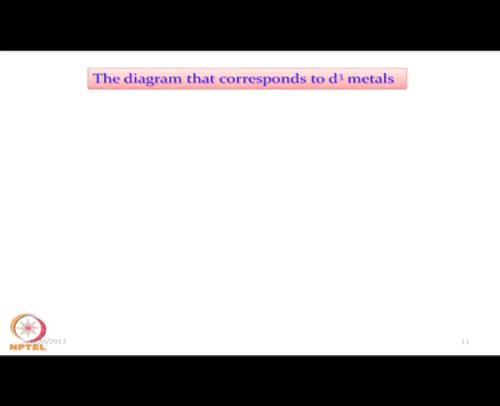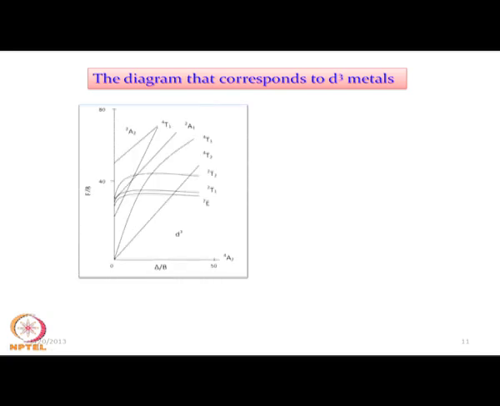So, these transitions between these levels correspond to some transitions. If we see one such case in the Tanabe-Sugano diagram, we will find how we can plot these values, for a d3 metal ion. The splitting of these levels gives 4A2, then 4T2 and 4T1.